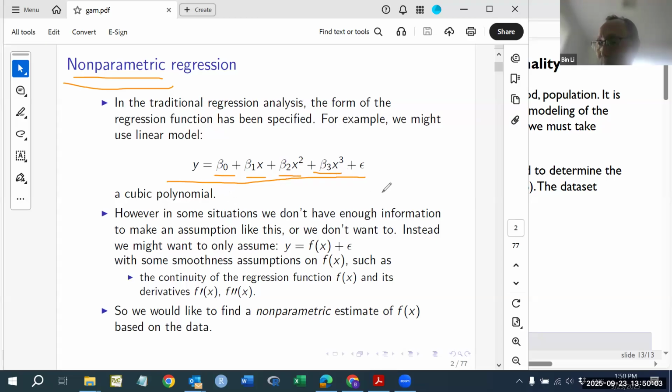We have to specify that specific form, and that's a parametric model. What is a non-parametric model? It's like this: y equals f(x) plus epsilon. We don't assume any parametric form of f. As long as f is continuous and differentiable, that's fine. But is f a sine function, or a quadratic or cubic function? It doesn't matter. We don't have any constraint on this f. So we have a very flexible assumption. That's called the non-parametric model.